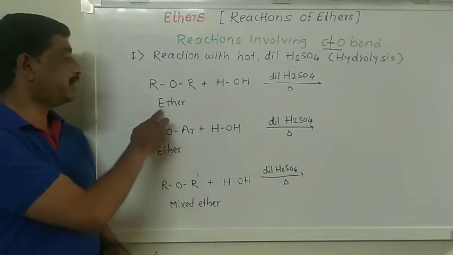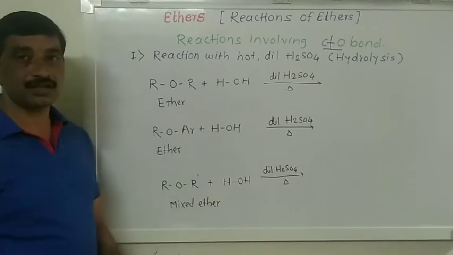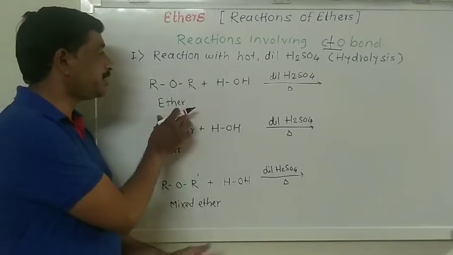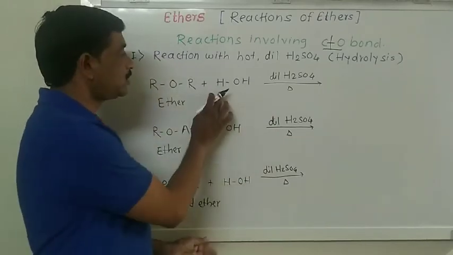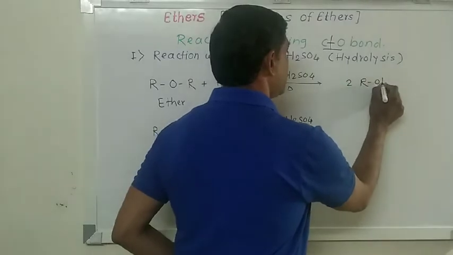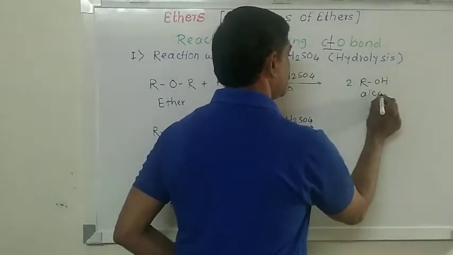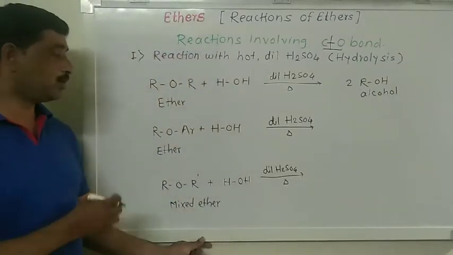The first example we take is simple ethers. In this ether, both alkyl groups are the same, and when such simple ethers are reacted with dilute sulfuric acid, they undergo hydrolysis and form two molecules of the same alcohol.